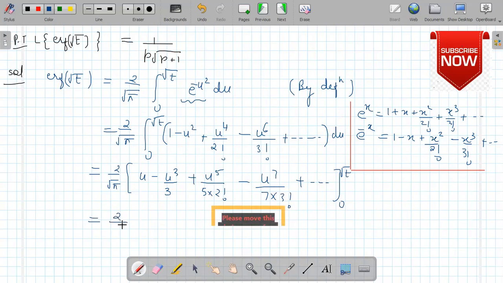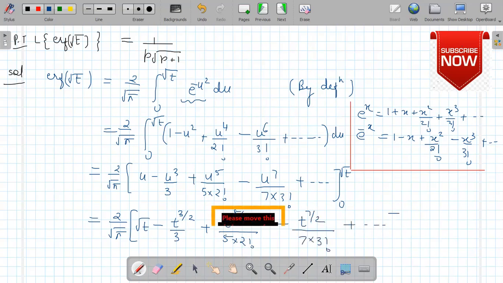This is equal to 2 upon square root of pi. When you put square root of t here, we'll get square root of t, and here we will get t raised to the power 3 upon 2 upon 3, and t raised to the power 5 upon 2 upon 5 into factorial 2, t raised to the power 7 upon 2 upon 7 into factorial 3 and so on.